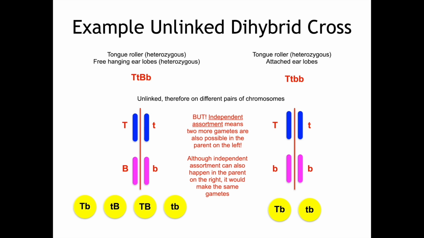They could also have an uppercase T, uppercase B, and a lowercase t, lowercase b. Now, independent assortment is not limited to the left-hand person. It could also happen in the person on the right. But notice that if you do that, because they are homozygous recessive for their earlobes, even if you independently assort, you're going to end up with the same gametes.